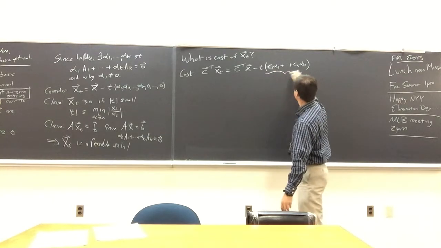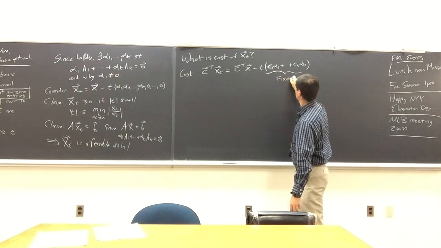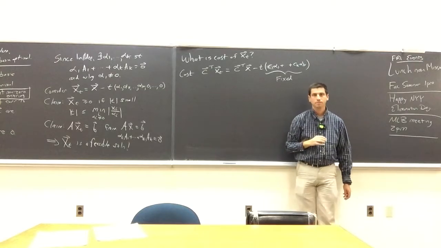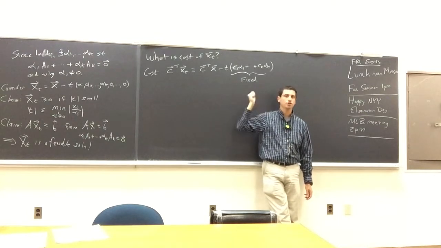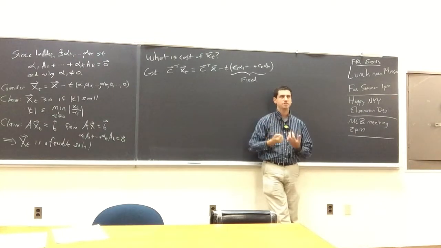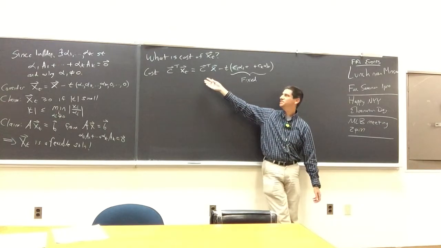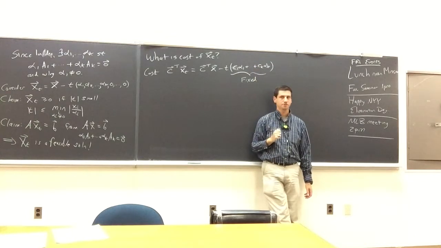And notice this part here is fixed. So this tells us how much the cost changes by when we pass from x to x of t. What's the simplest value of t to study? 0. And good. When we take t equals 0, it just reduces to the old cost.